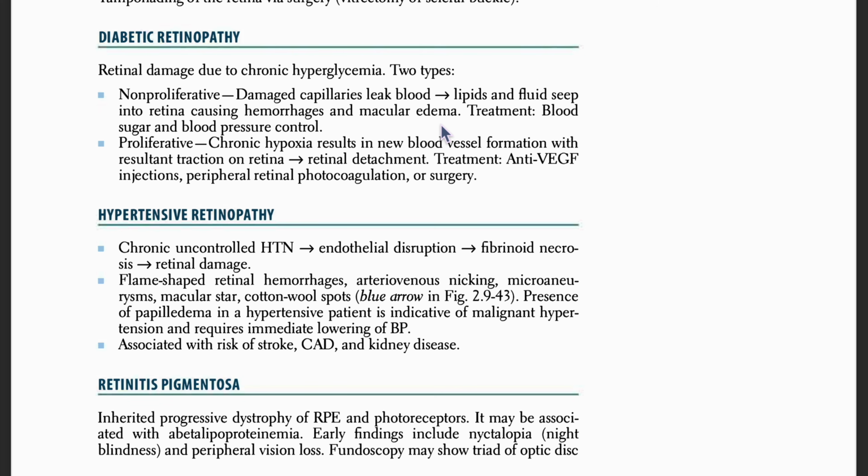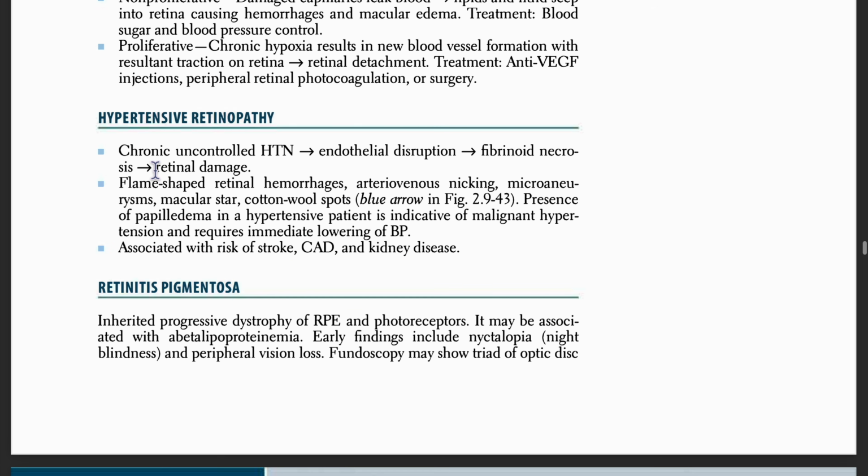And I remember this from step one, where it usually happens in little kids, right? Newborns, and then they're put on oxygen, and they have multiple vessels forming, and to prevent that, you don't give them a lot of oxygen at once. And here the treatment is anti-VEGF injections, peripheral retinal photocoagulation, or surgery.